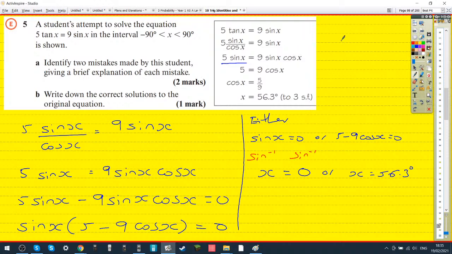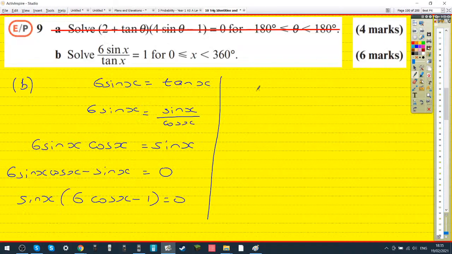Okay, so sine x is 0, or what's in the brackets is 0. Well done. And so sine x equals 0, or 6 cos x minus 1 equals 0.